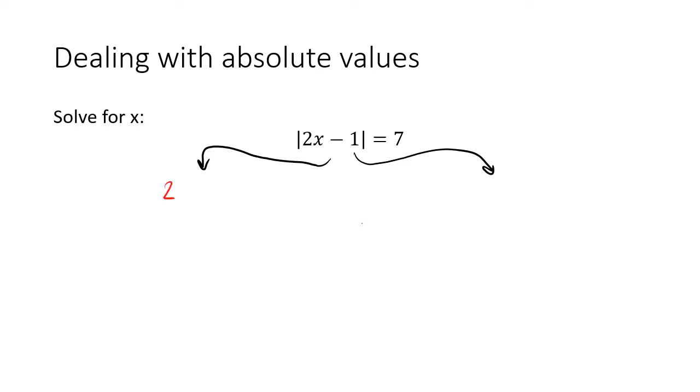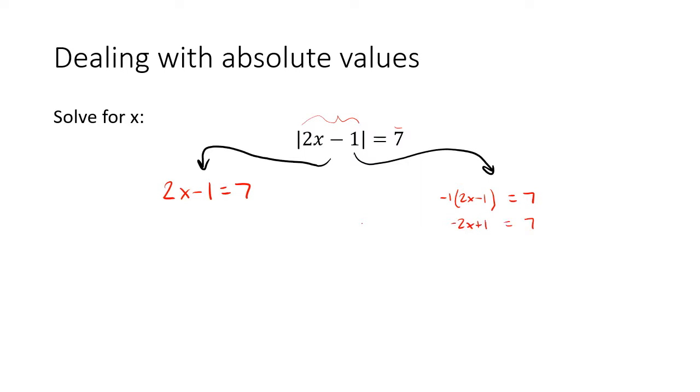It could be exactly what it says it is, just remove the absolute values. It could be this, or what's inside here could be the exact opposite of what it says it is and still be 7 away from 0, right? So it could be -1 times (2x minus 1) is equal to 7, which is, of course, if we distribute the -1 in, -2x plus 1 is equal to 7.